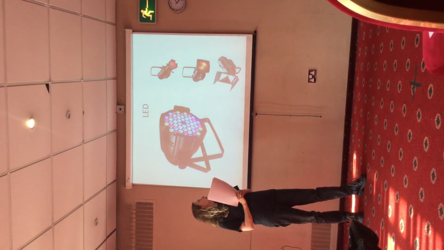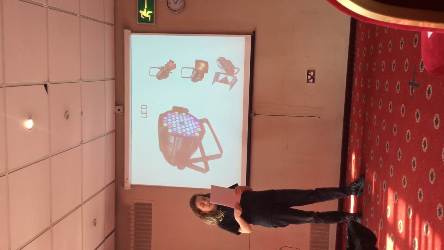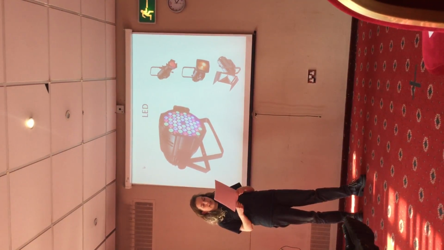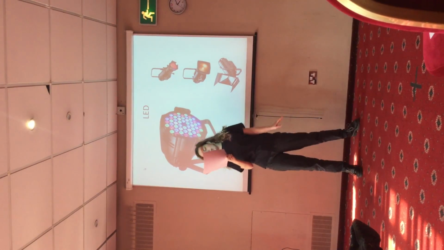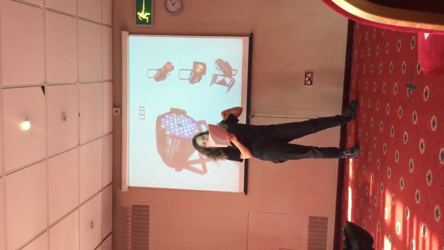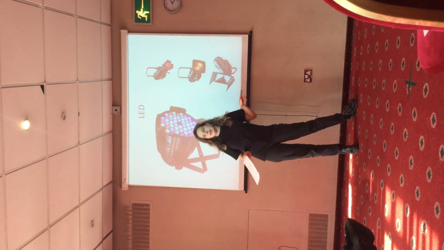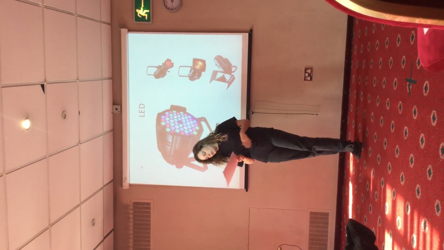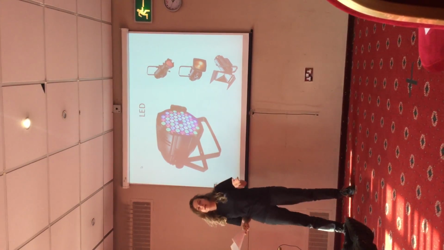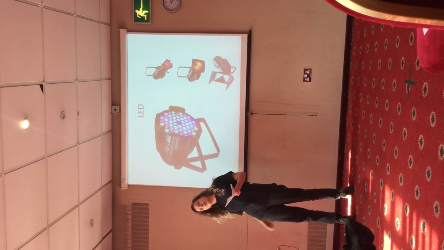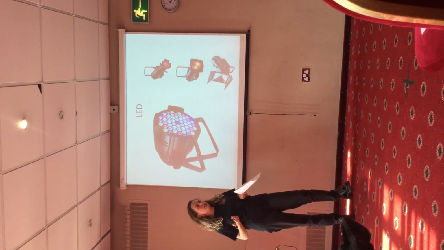And currently ETC have just brought out adapters for their LED Source 4s, which are these. Meaning that you can take off that lens and add this lens, turning it into a Fresnel, or this lens, turning it into a cyc flood, which is pretty cool for maybe a touring company that's doing stuff outside, because they might not know where they're going, what the space is going to be, and it means they have a lot of flexibility, or even for a theatre rig where you don't have that much storage space.